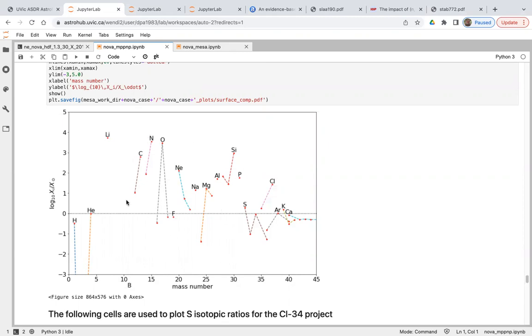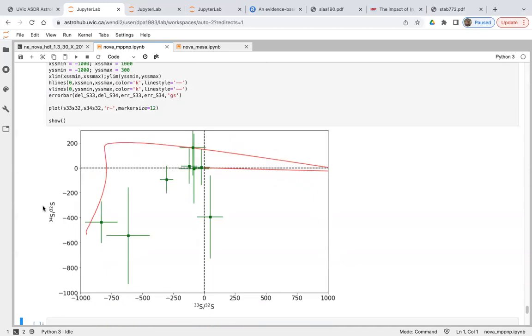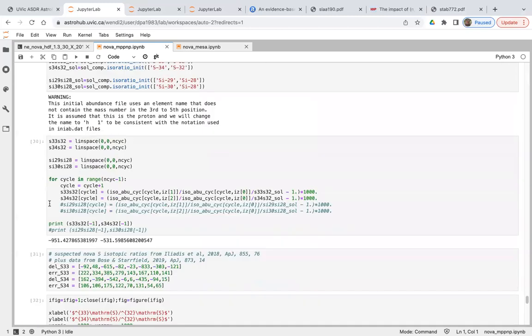They have very similar plots, so therefore our results are consistent with results actually obtained by other groups, by the Barcelona group and by the Starrfield group in the US. Okay, so that's it for this package, NOVA framework, NOVA MESA stellar evolution simulations followed by NuGrid simulations.